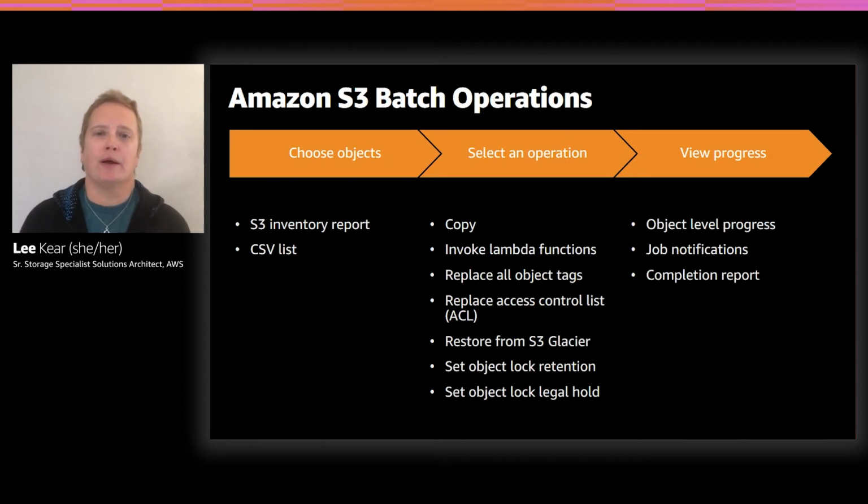You can also restore objects from Glacier or modify object tag properties, object lock properties, such as legal hold and retention date. And then Amazon S3 batch operations does the work for you. The selected operation takes place across each of the objects in the inventory file or CSV. And lastly, you determine where you want to view the results or track the progress.